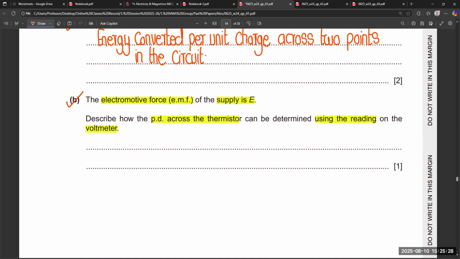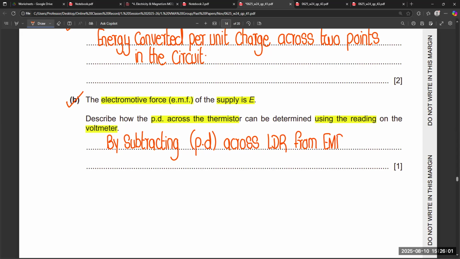We can say that by subtracting the potential difference across LDR from EMF, because it is in series combination, and in series combination voltage splits among the components.